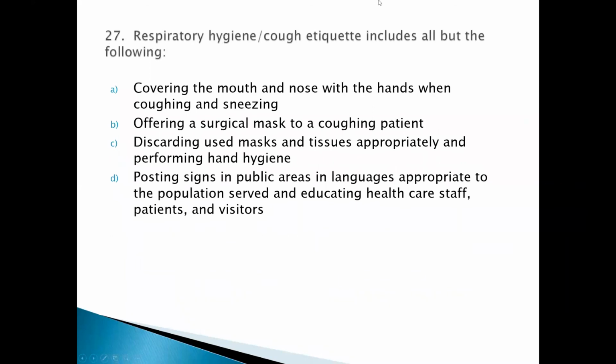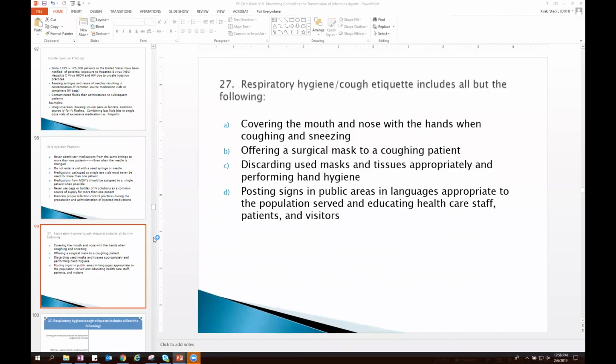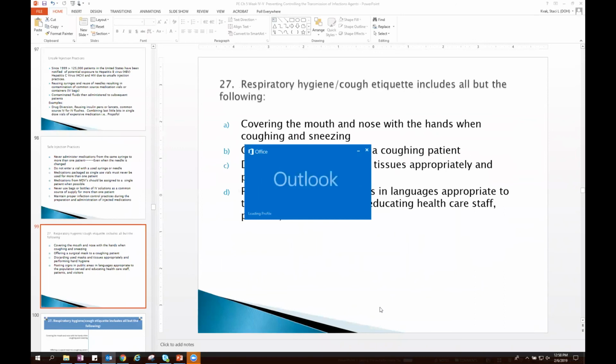Great, so I think we're going to stop there for now. I am actually going to get out of this for 1 second, and I want to read one of the emails that we got from someone who just took the CIC. So you will just hear my voice real quick. Hopefully you guys can still hear me.